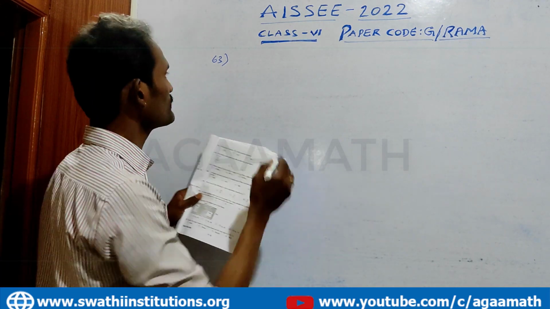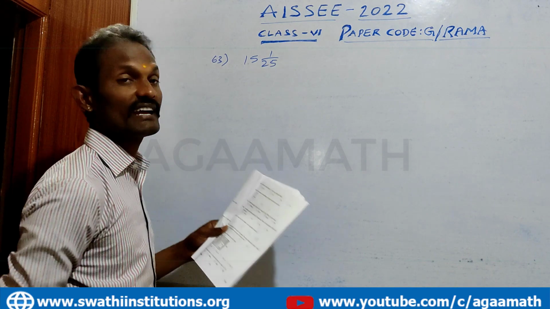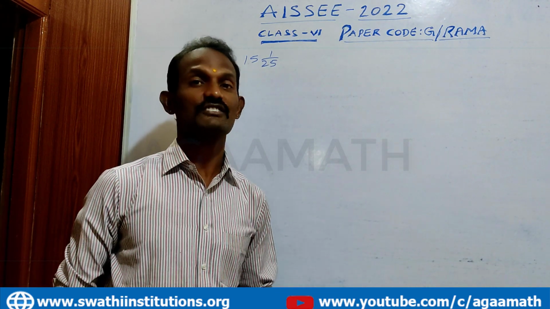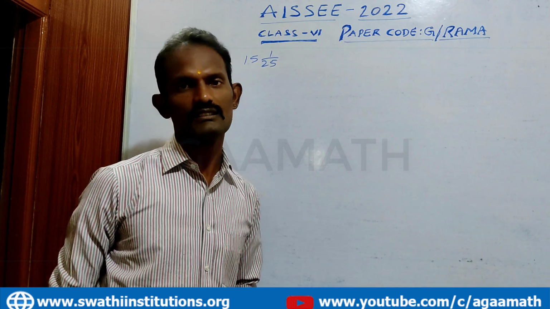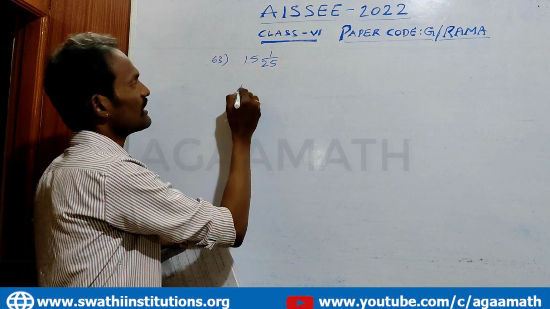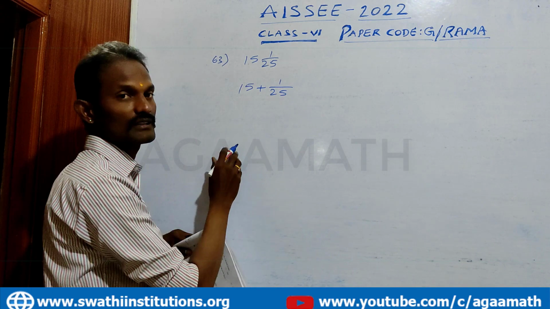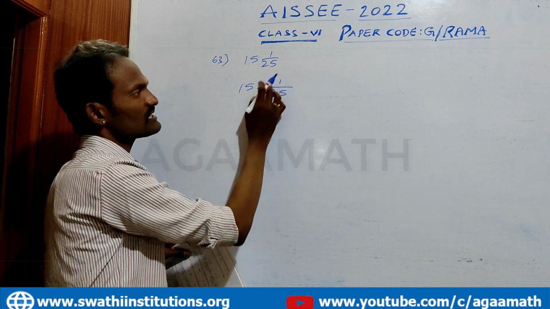Convert the fraction 15 1/25 into a decimal number. We know that to write a decimal number, the fraction should have a denominator of 10 or 100 or 1000 and so on. So I write it like this: 15 plus 1/25. This is a whole part; let the whole part stay as it is. Now convert this into a decimal.